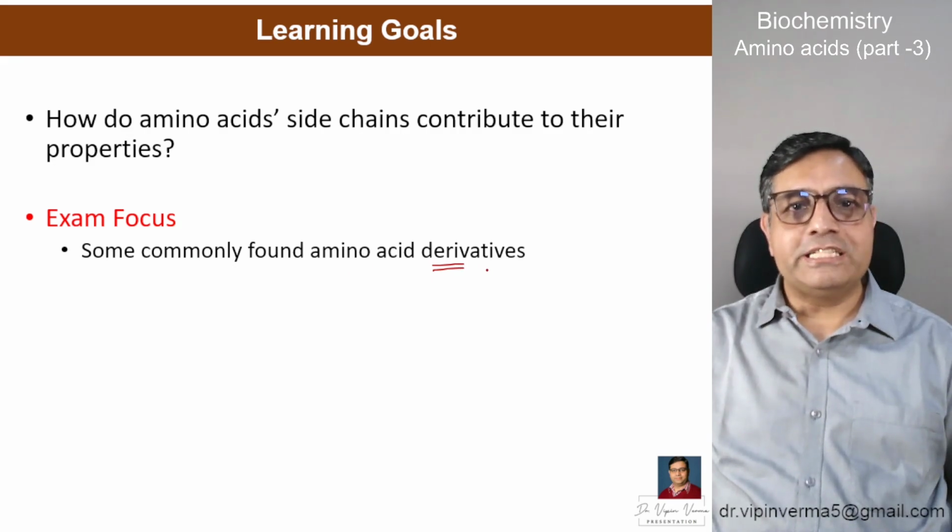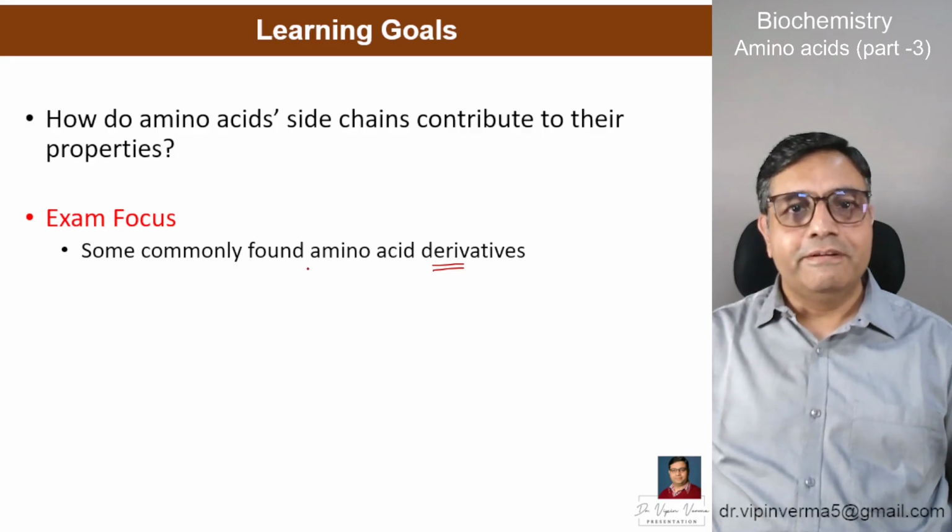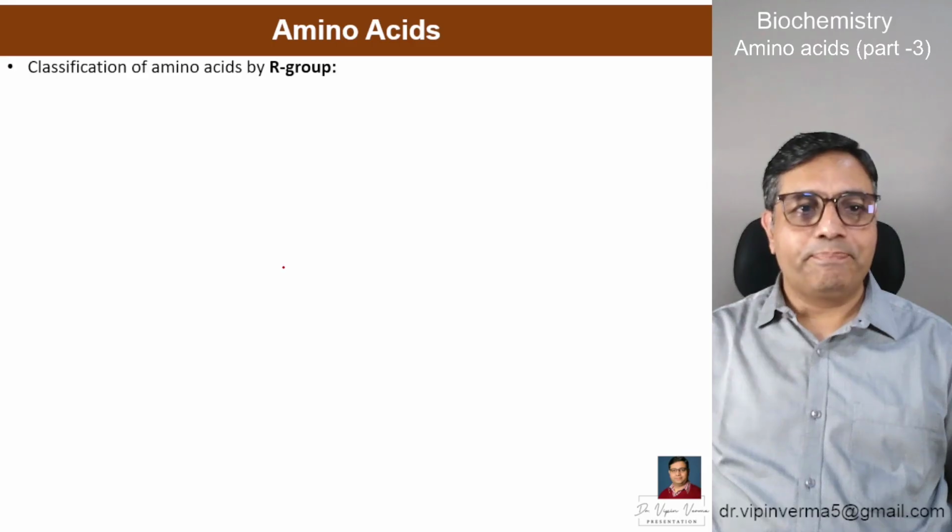That means they don't participate in protein formation. This is important because many competitive examinations usually ask about such unusual amino acids. So pay attention and let's start the discussion today.